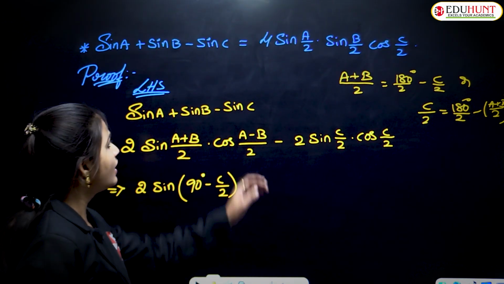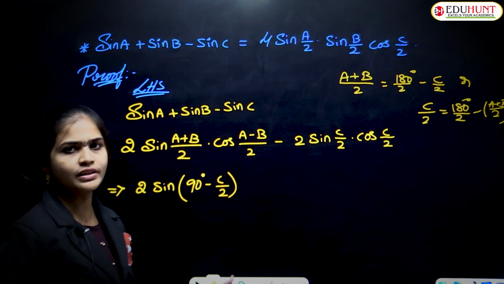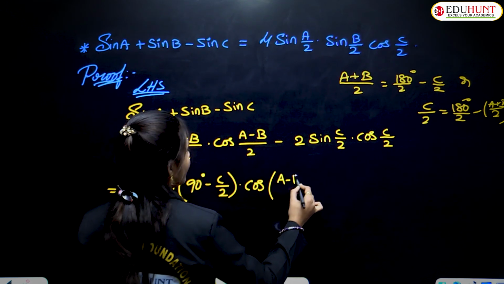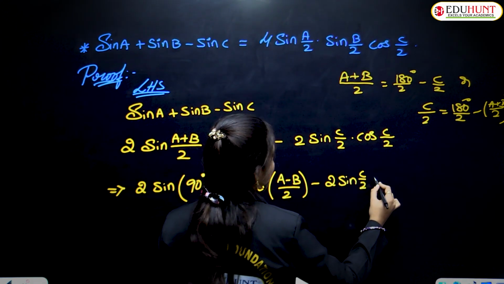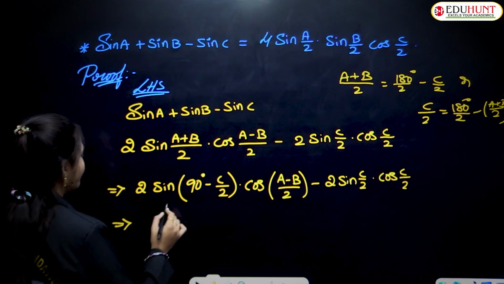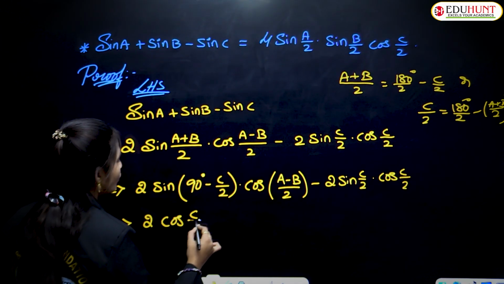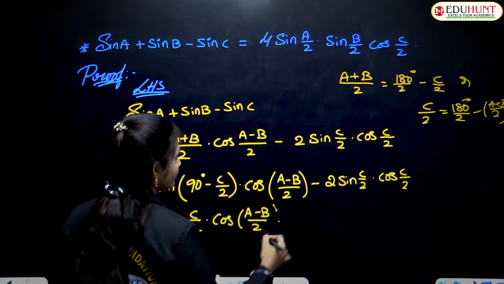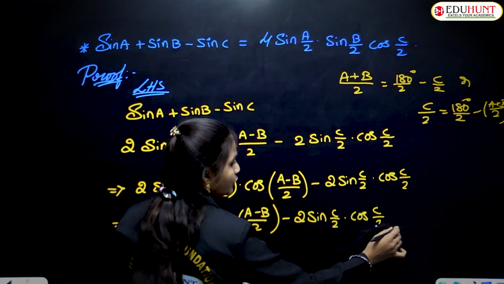Any formula we can use, if A plus B is there, then we have to go for C. If C is there, we have to go for A plus B. Into cos of (A minus B) by 2 minus 2 sin C by 2 cos C by 2. Clear? So which is equal to 2 sin(90 minus theta), so that becomes cos theta. So 2 cos C by 2 into cos of (A minus B) by 2 minus 2 sin C by 2 cos C by 2.